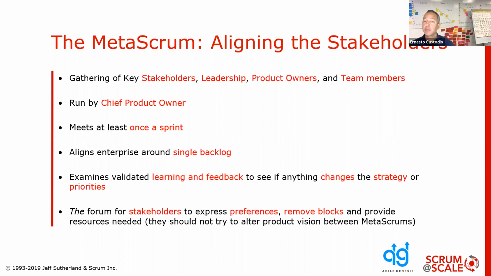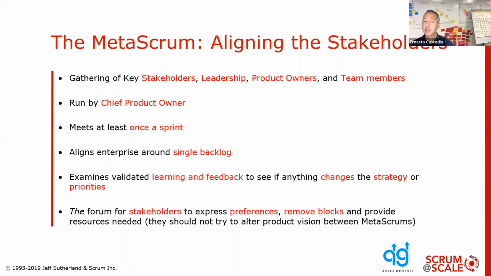It is run by something that might be new to you if you're practicing Scrum at the team level, the chief product owner. The chief product owner is the individual that facilitates and coordinates the Meta Scrum as far as the discussions that are carried out and the intent of that meeting and that group of individuals.